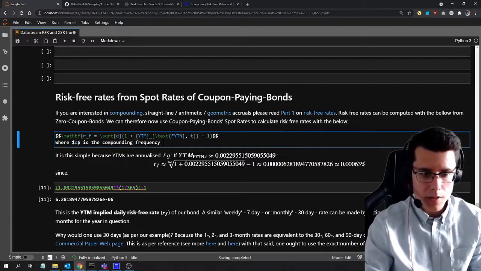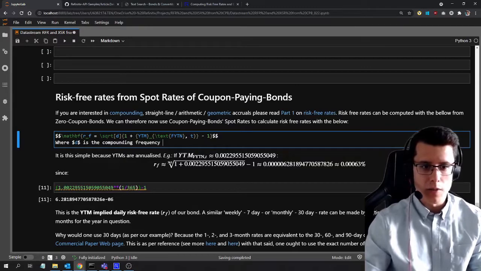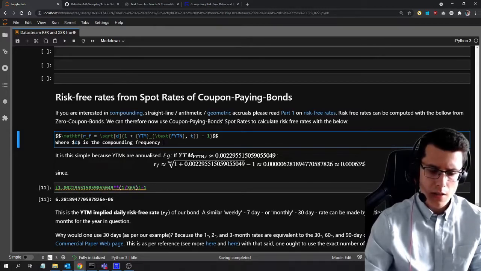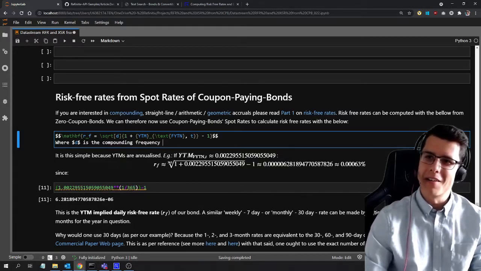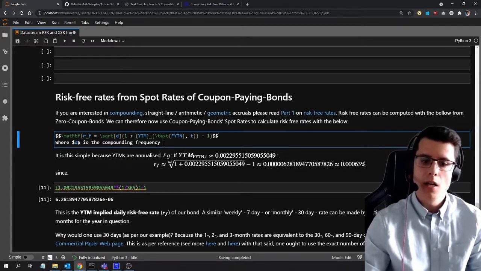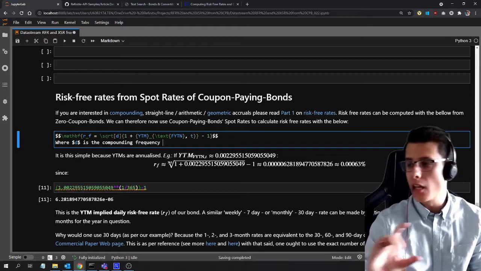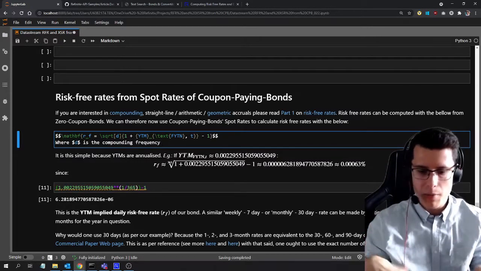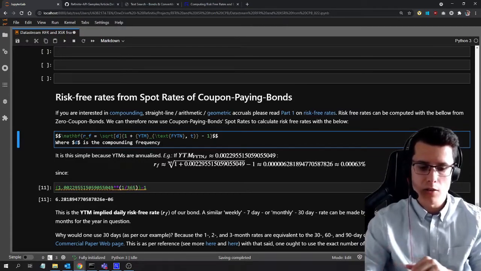So here D is the compounding frequency, so D for day, for example. I'm not sure how risk-free rates, well, no, I am actually, but it depends completely on what you want to do with it. So for example, I used risk-free rates in the past with daily compounding frequency. Reason being, I was putting myself in the shoes at the time of a trader that traded daily.